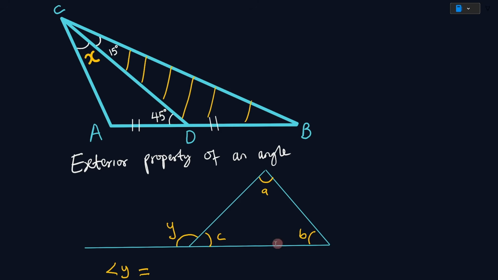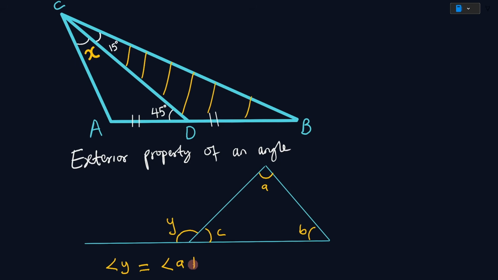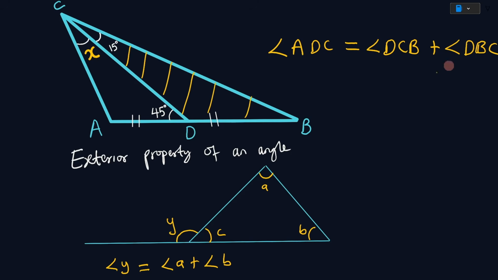Angle A and angle B. Therefore, angle A plus angle B will give us angle Y. If we apply this same property here, angle ADC, which is 45 degrees, will be equal to the sum of angle DCB plus angle DBC. Reason: the exterior angle of a triangle is equal to the sum of the two opposite interior angles.